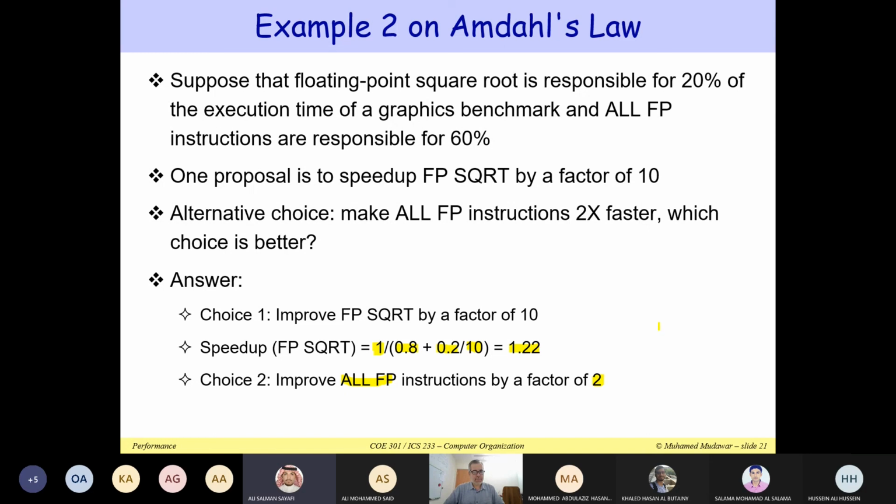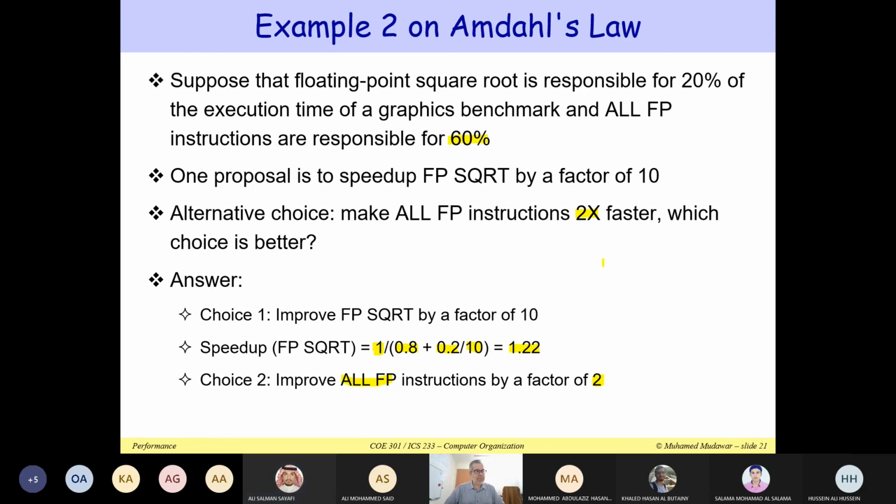The square root factor. Oh, I mean 60% responsible. Yes. So 60%. It will be multiplied by a factor or divided by a factor of 2. Yes.